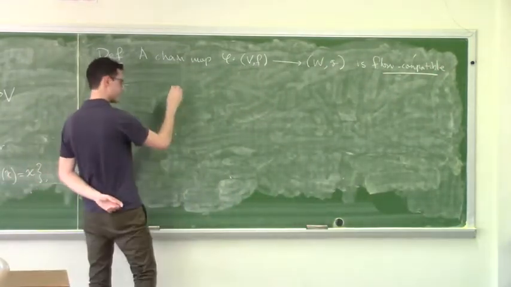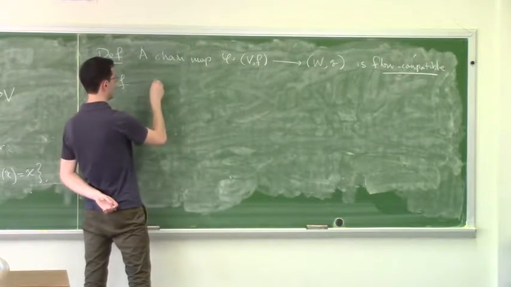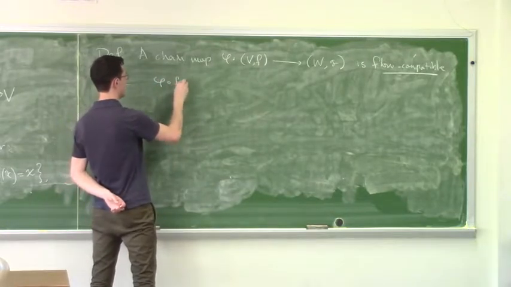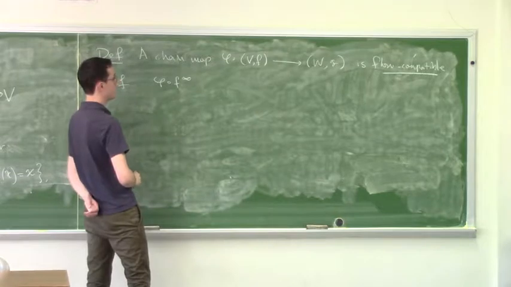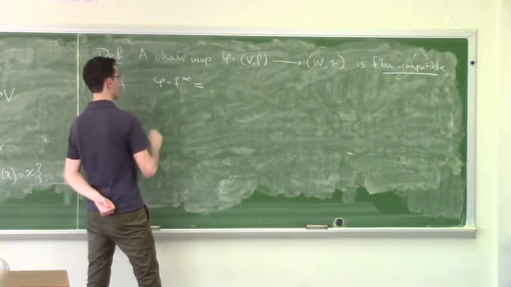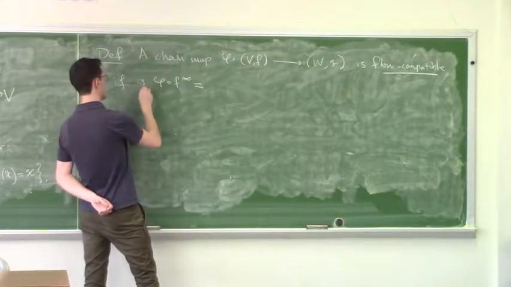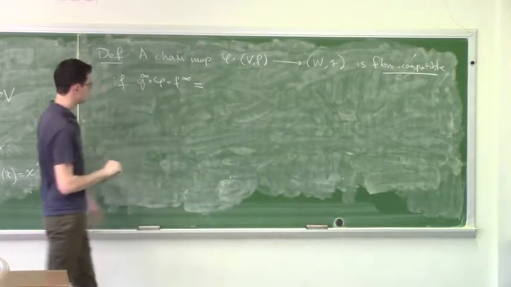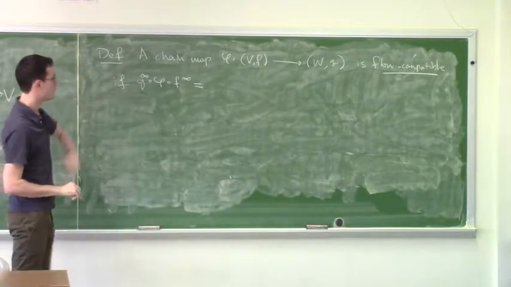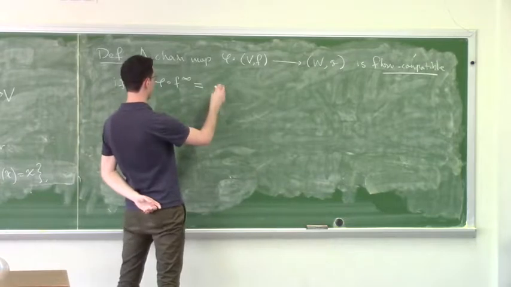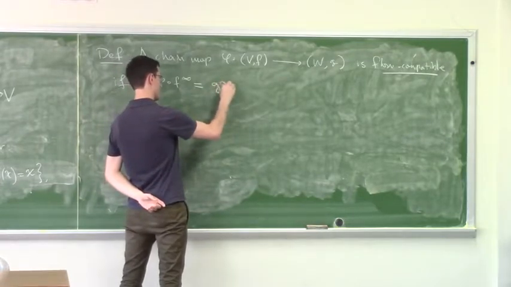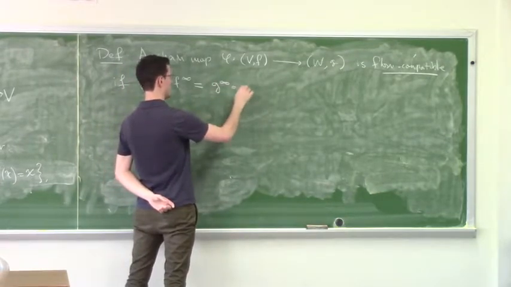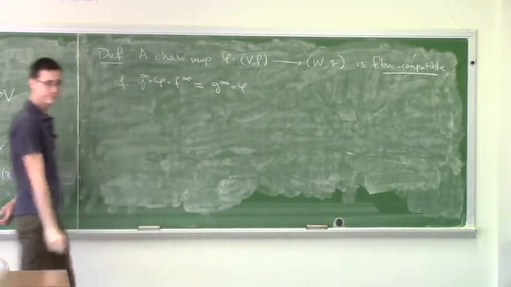if the result of the flow in W following phi following the flow in V is the same as the result of the flow in V following phi.